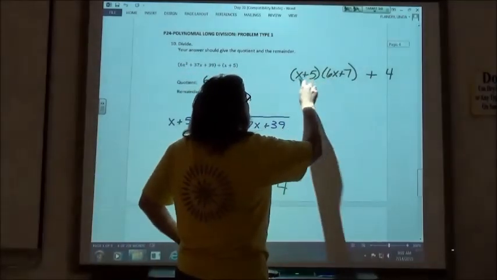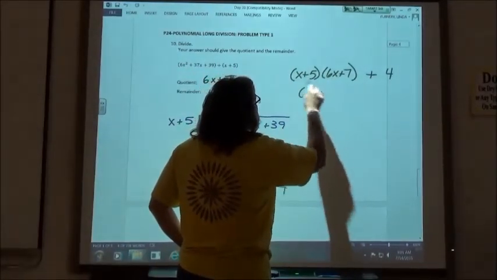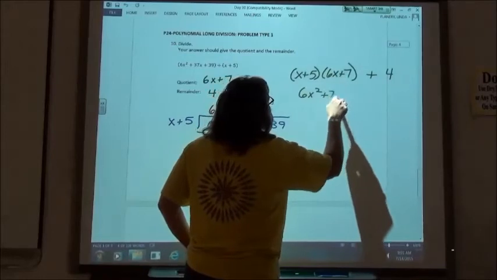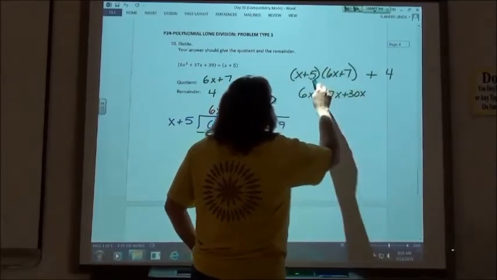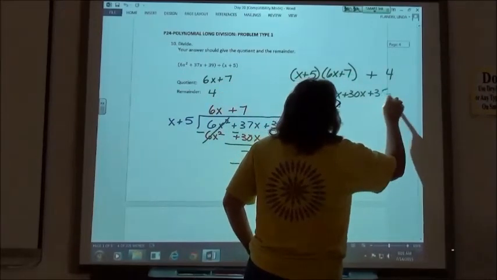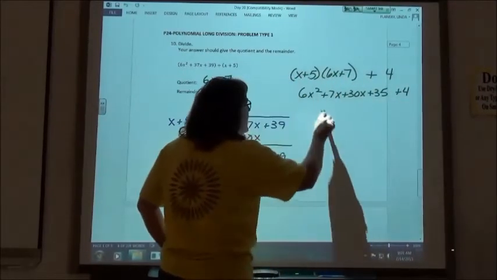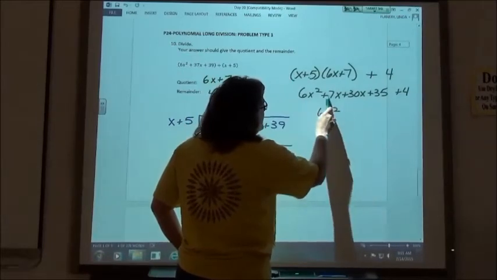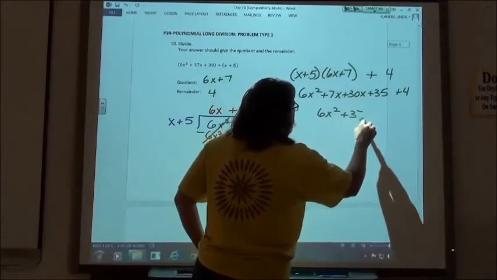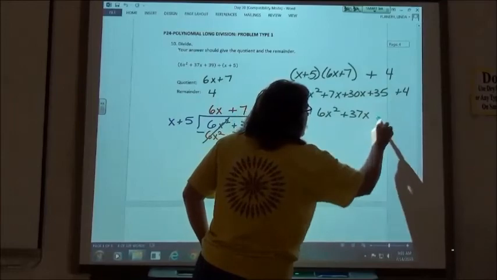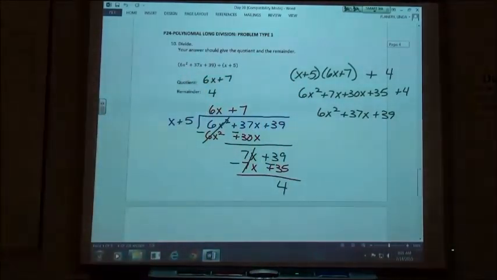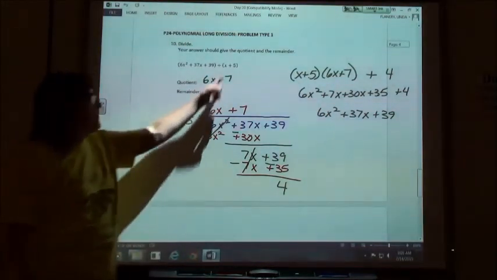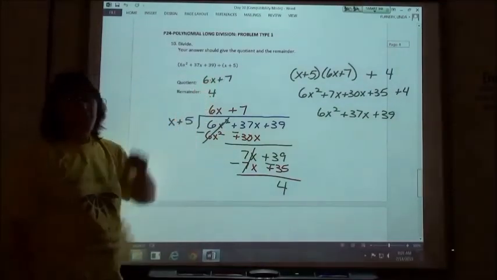So just for fun, x times 6x is 6x squared, x times 7 is 7x, 5 times 6x is 30x, 5 times 7 is 35, plus the 4 on the end, so I get 6x squared, 7 plus 30 is 37x, and 35 plus 4 is 39. Hey, checks out. So any of your long division ones, if you really want to check them, the divisor times the quotient plus the remainder.